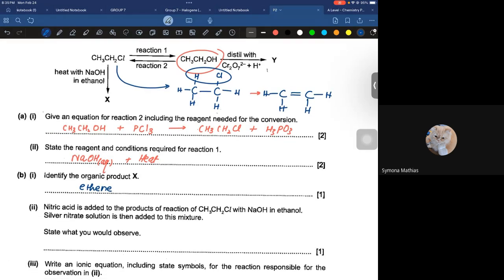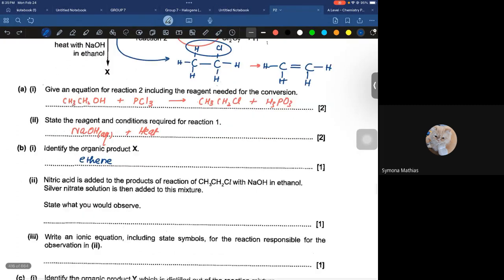So whenever your haloalkane reacts with sodium hydroxide and the solvent is ethanol, remember there would be an elimination reaction. As a result, alkene would be produced. And then they are saying nitric acid is added to the products of the reaction in ethanol. Silver nitrate solution is then added to the mixture. What would you observe?